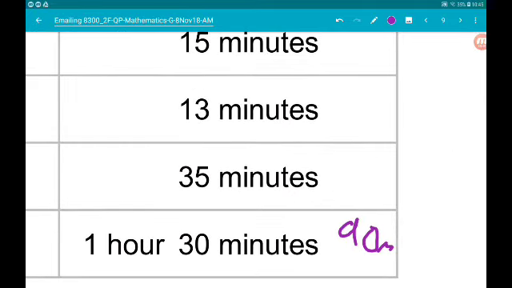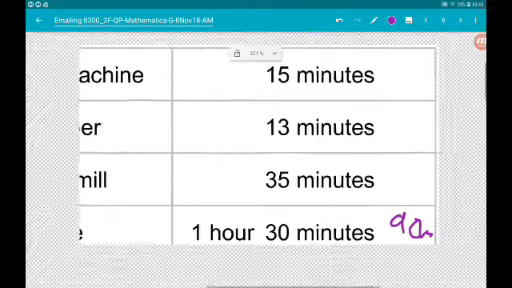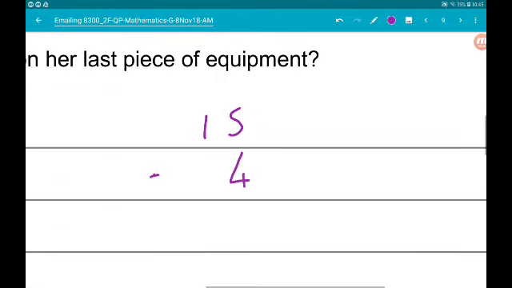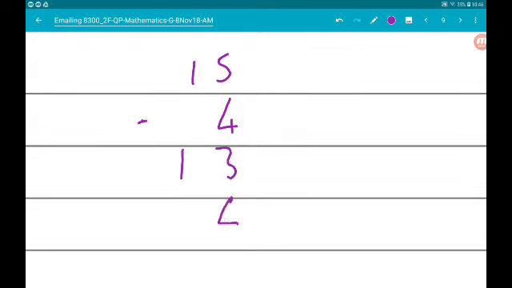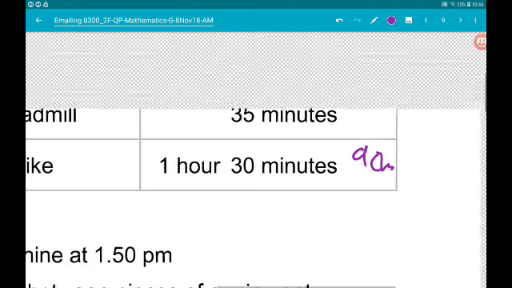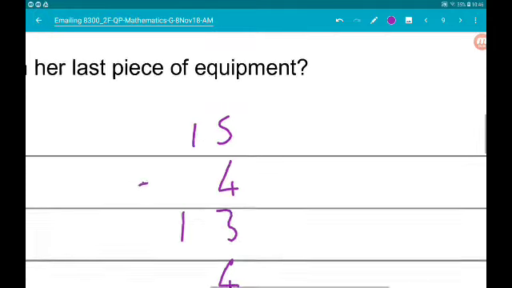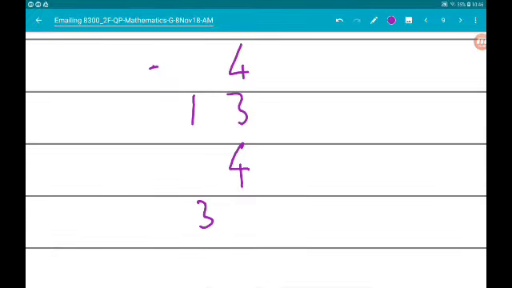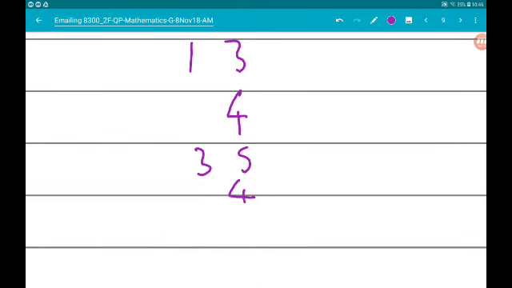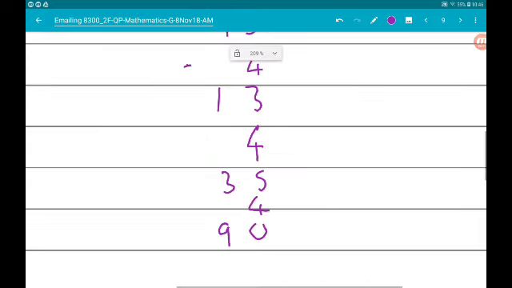Then she spends 13 minutes on the stepper. So add 13. 4-minute break. 35 minutes. 35, 4-minute break, and then 90 minutes on the bike. So, there's no break after the last piece of equipment because we want to know what time she finishes on the last piece.